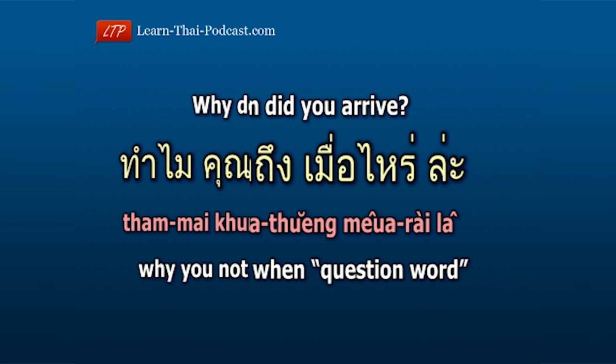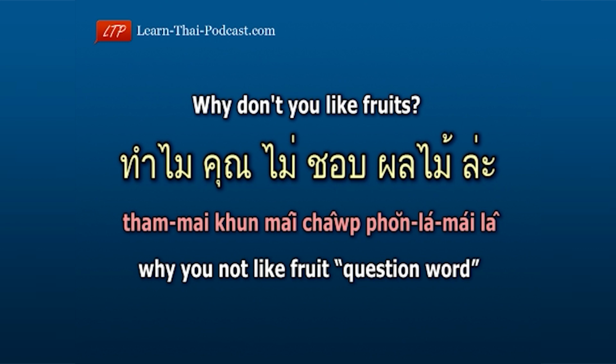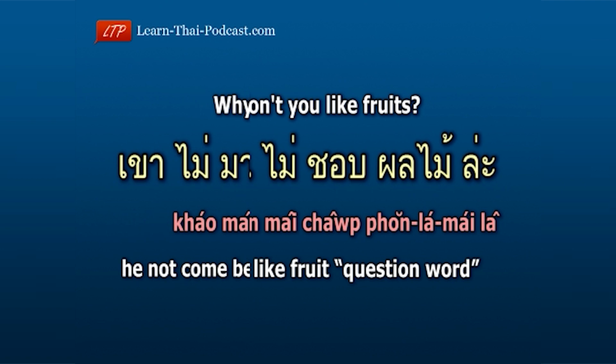And another example. Why don't you like fruits? ทำไมคุณไม่ชอบผลไม้ล่ะ Why ทำไม, you คุณ, not ไม่, like ชอบ, fruit ผลไม้, question word ล่ะ. Why you not like fruit question word, ทำไมคุณไม่ชอบผลไม้ล่ะ Another example.